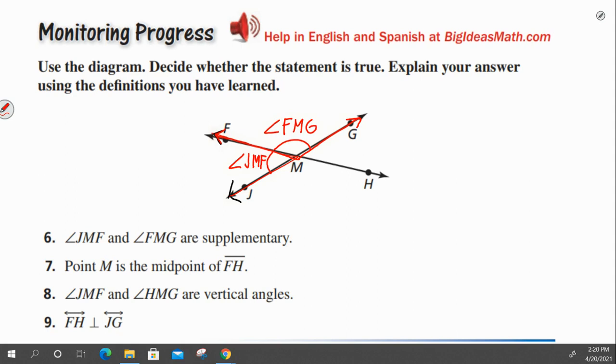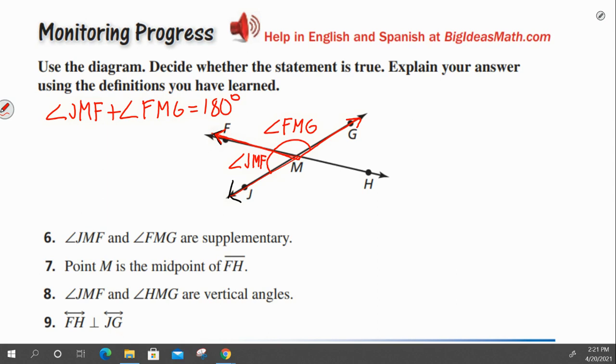So for those angles to be supplementary angles, the definition of supplementary angles is that the two angles must be adjacent to each other, which they are, as we can see, and that angles JMF plus angles FMG would have to equal 180 degrees. That is the definition of a supplementary angle. And they are both adjacent.